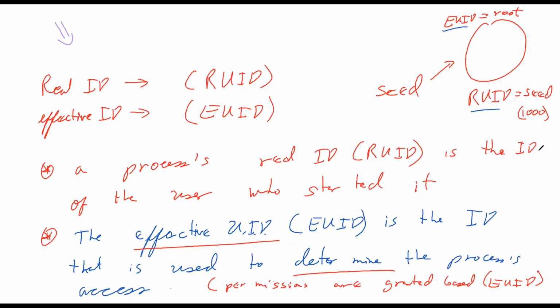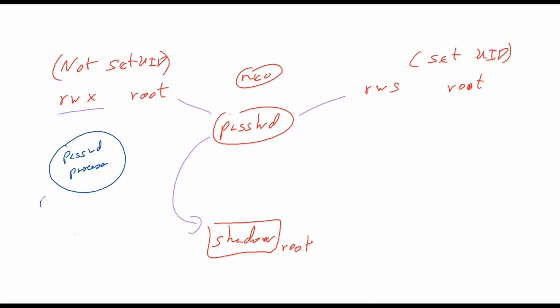So the real user ID and the effective user ID, those are the two IDs that we have in the process. So what's going to happen? Well, the real UID is the one that spawned it, Neo. And because it is not set UID over here, this is going to be Neo, right? So it doesn't achieve the objective. So when this process tries to access shadow, it will be denied.